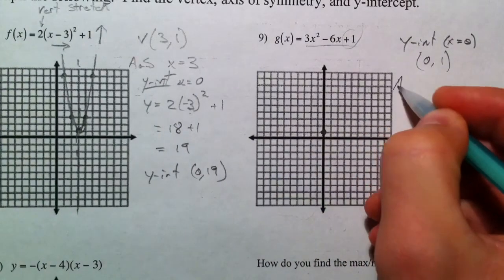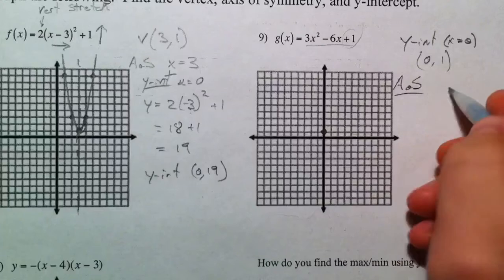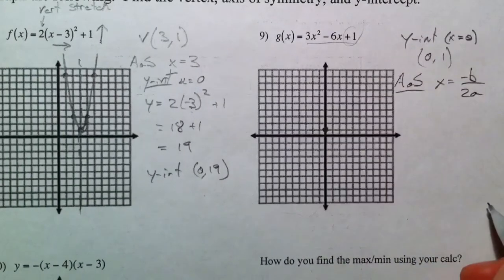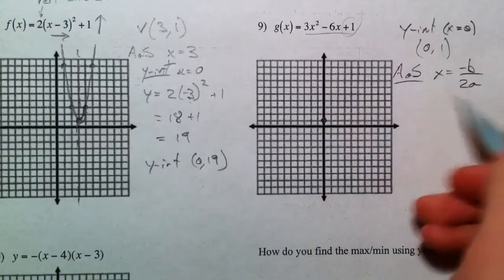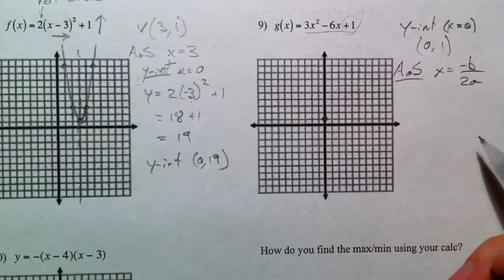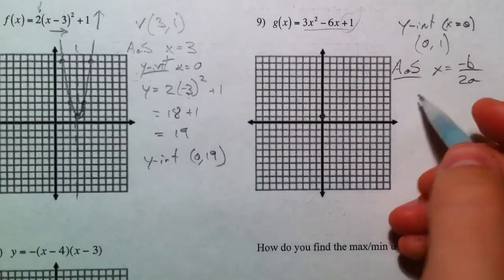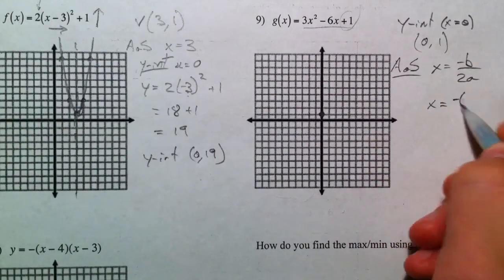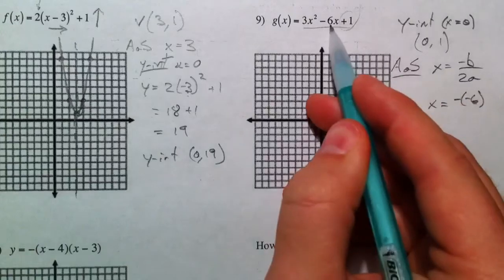Vertex. First I'm going to find the axis of symmetry, which is negative b over 2a. That is something you need to know. I'm going to show you where this comes from later in this chapter. So b is negative 6, be careful of that.